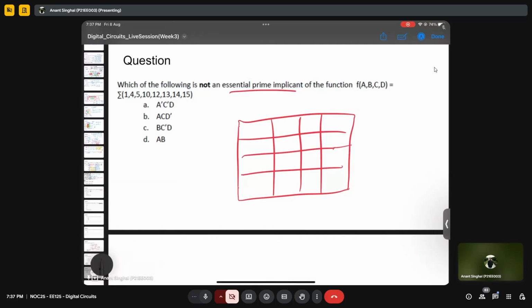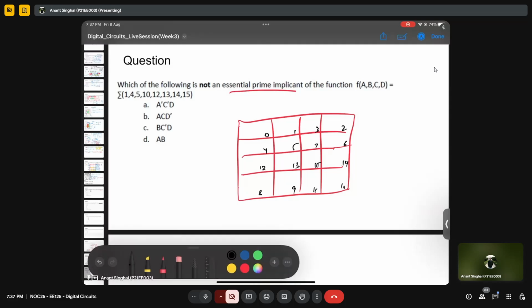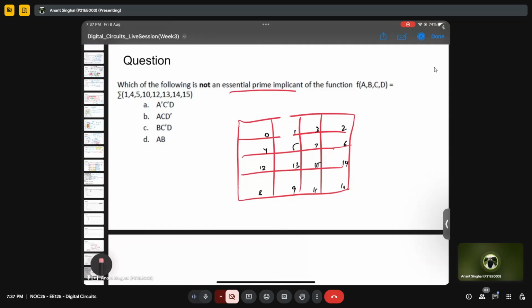Let me write that quickly. 0, 1, 2, 3, 4, 5, 6, 7, 8, 10, 11, 12, 13, 14, 15. So it says 1, 4, 5, 10, 12, 13, 14, 15.